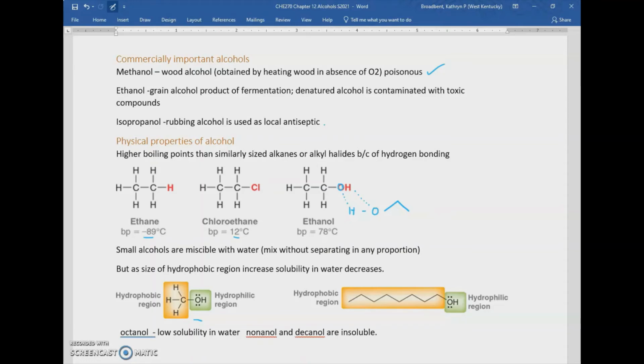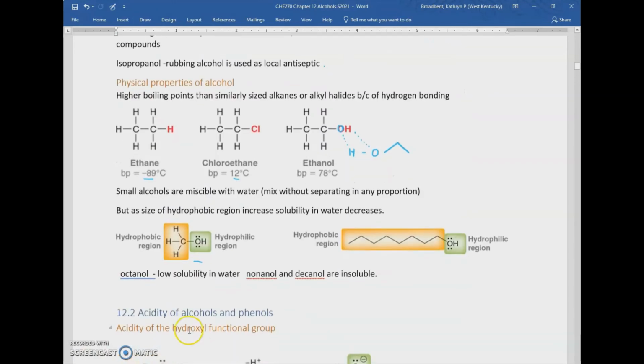A larger alcohol, like this 8-carbon alcohol, is less soluble. Octanol has a low solubility in water. If you add 9 carbons or 10 carbons, it's completely insoluble.